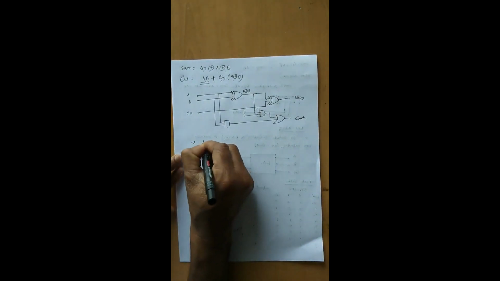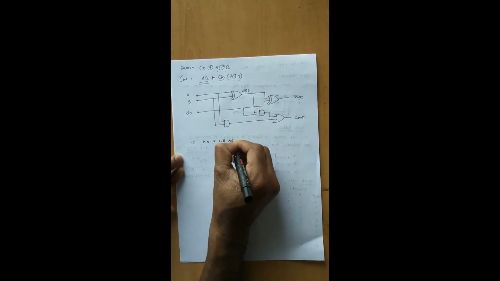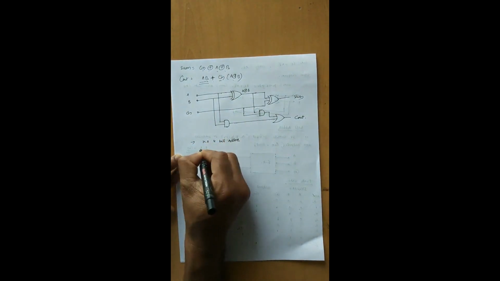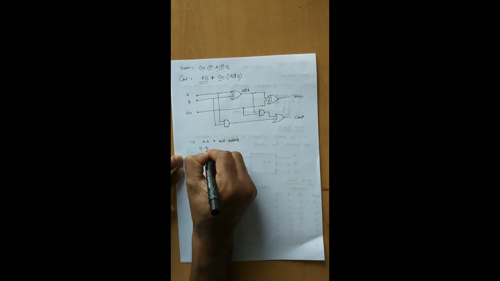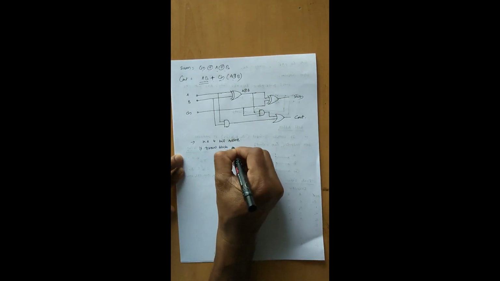I hope you understand a little bit how to explain adders. Adders have two types, half adder and full adder. Then it's time to draw the block diagram. These are the design steps.